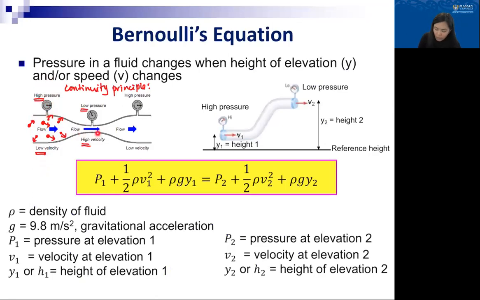But when they encounter this narrower area and they move faster, they're more directed. The water particles have this goal of passing through this narrow area, so they have less opportunity to hit the walls of the pipe, and therefore you will measure a lower pressure because there's less force exerted by the water particles on the walls of the pipe.